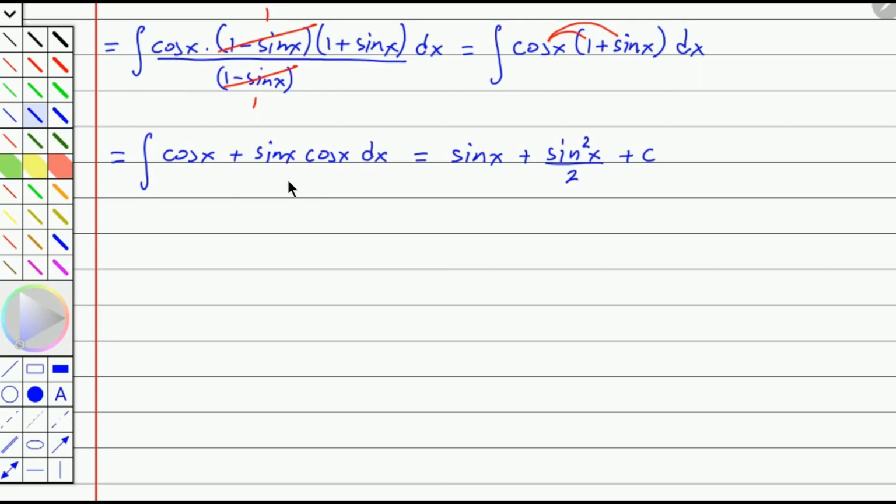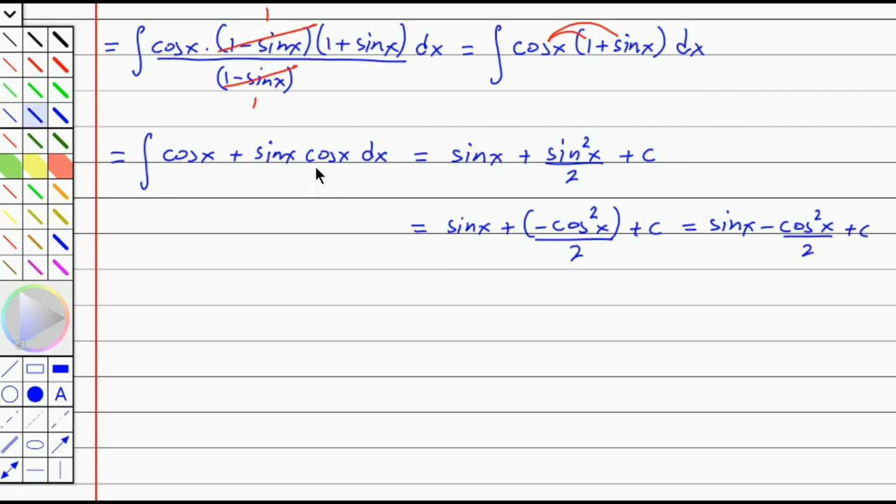So someone might have an objection. Why use the sine as f of x and cosine as the derivative and not the other way around? Of course, we can use that logic and have this result instead: sine of x plus the negative cosine squared x over 2 plus c, which is going to be sine x minus cosine squared x over 2 plus c. They are both valid.